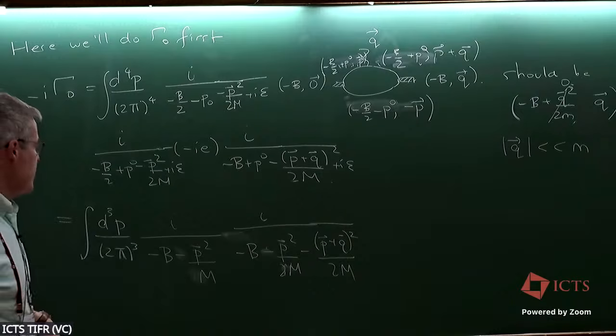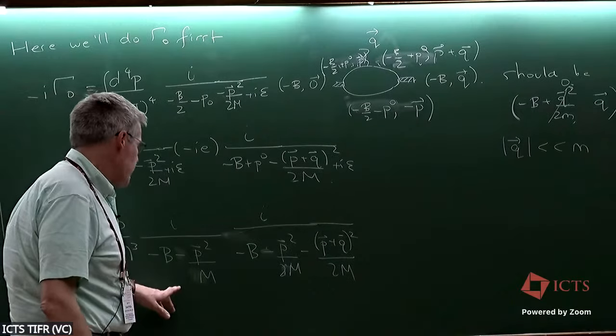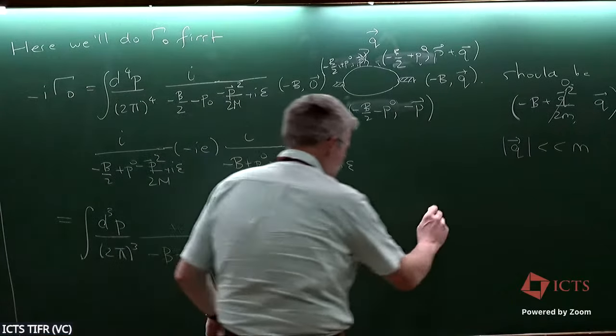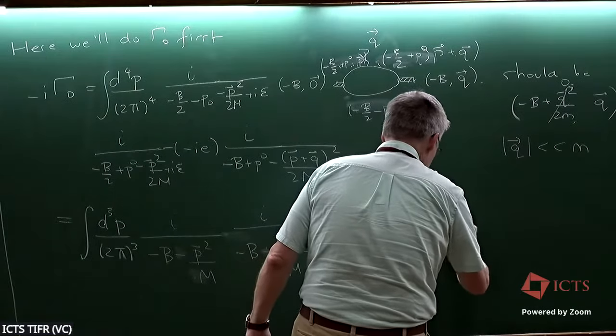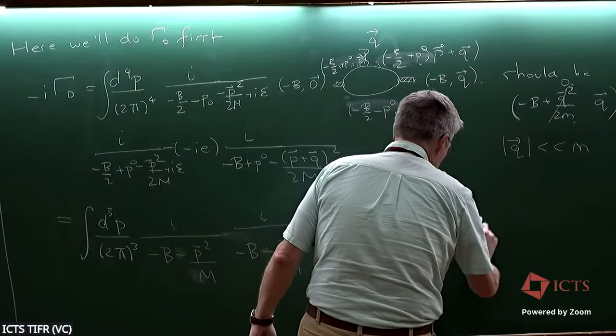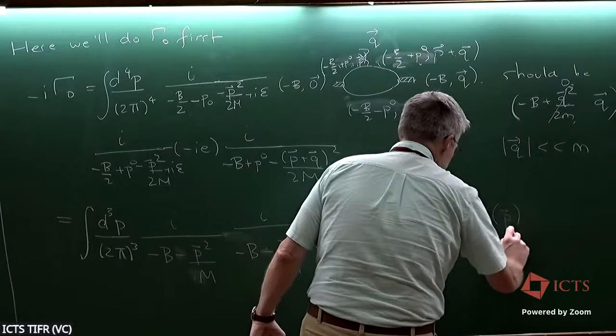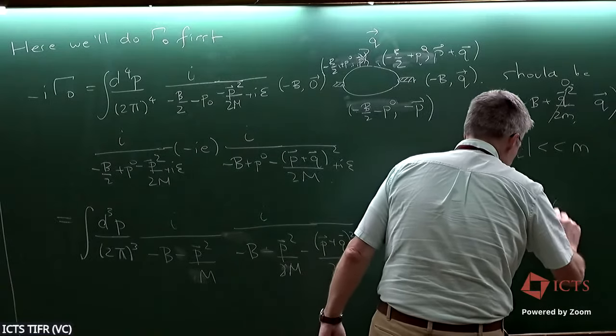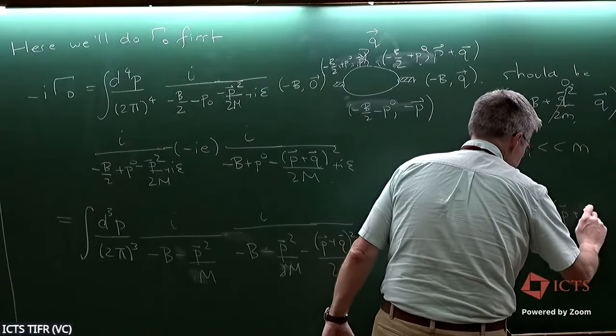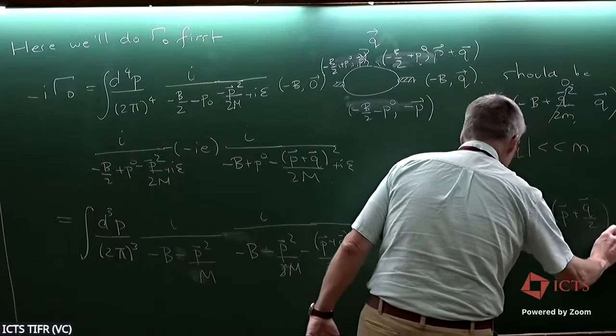If we had done this in non-relativistic quantum mechanics, we would have gotten something like the overlap of the wave function at P times the wave function after the injection of a certain amount of momentum. Actually, it's Q/2, as we'll see in a minute.